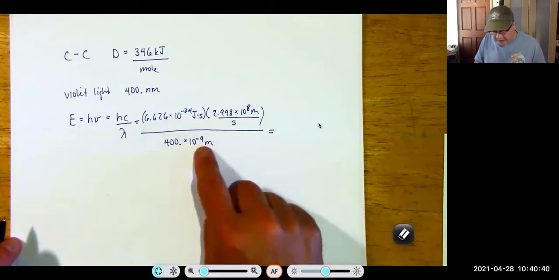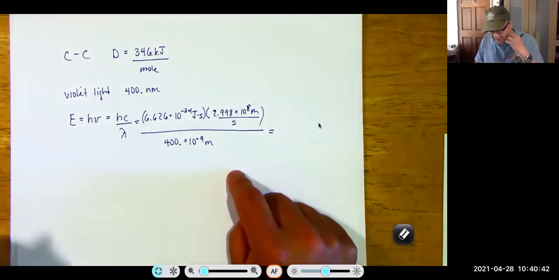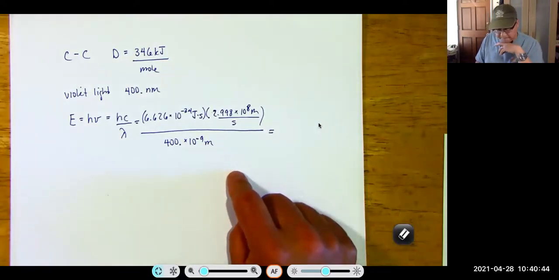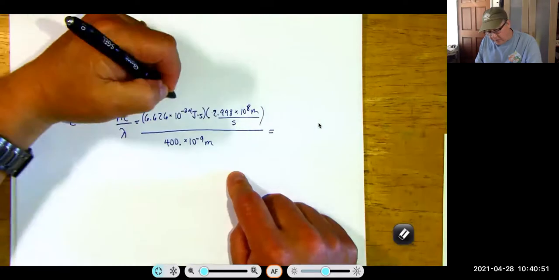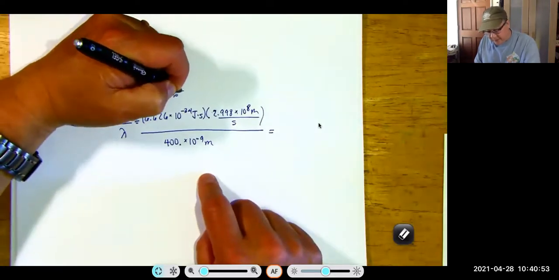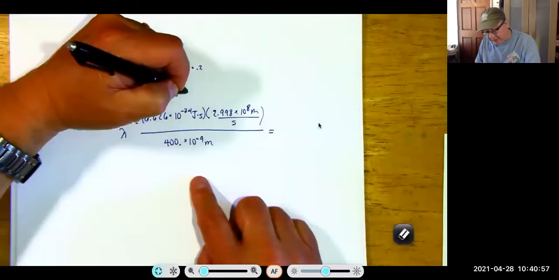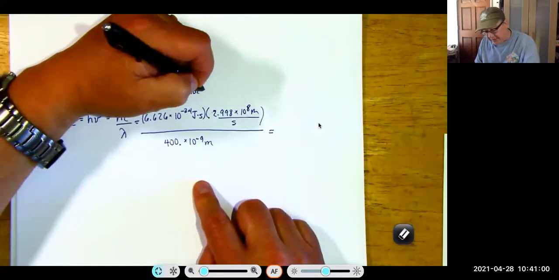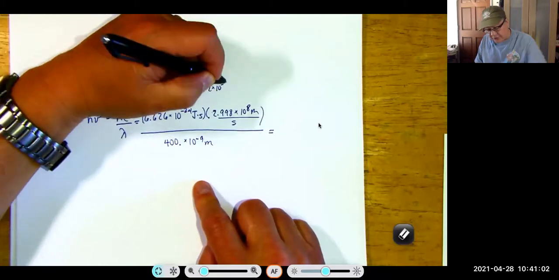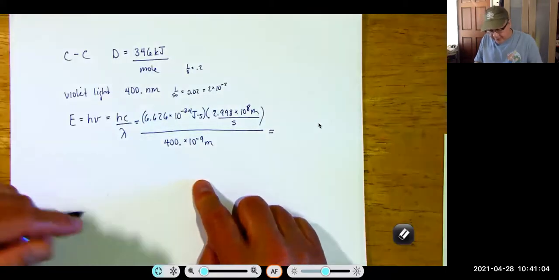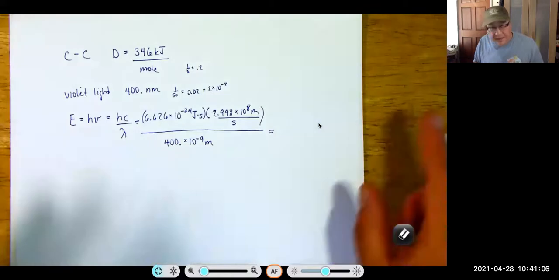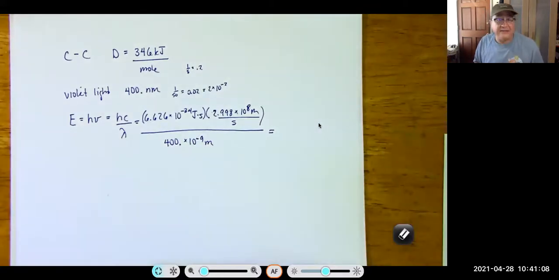When the 9 goes up top, that becomes a positive 9, so that becomes negative 17. And 1 over 20 is 0.05, which is 5 times 10 to the minus 2. So our answer should end up being about 5 times 10 to the negative 19.